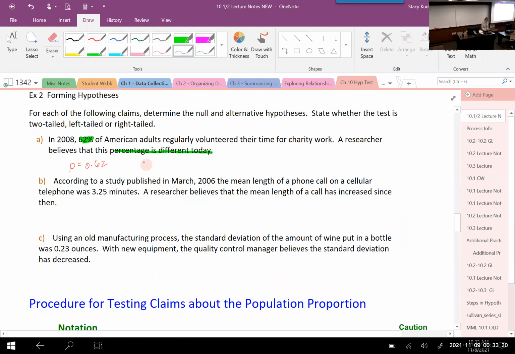So the null hypothesis is always a statement of equality. So the null hypothesis says that P would be equal to 0.62. The alternative hypothesis says that it would be not equal to 0.62. It's just different.